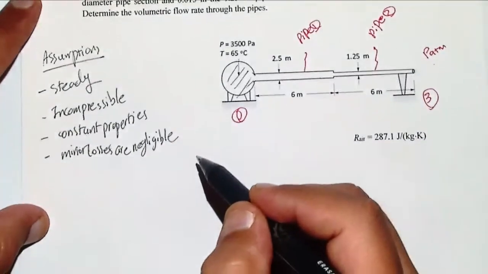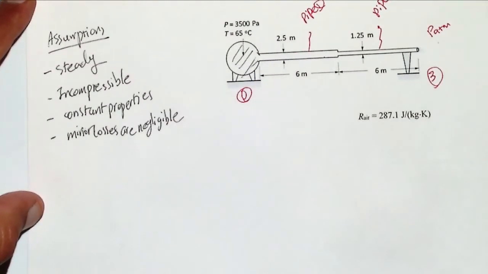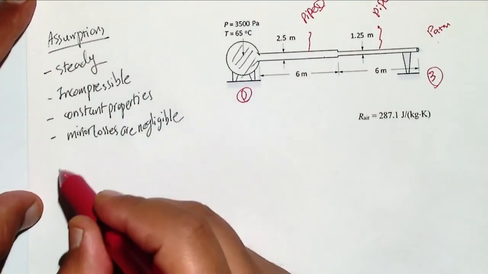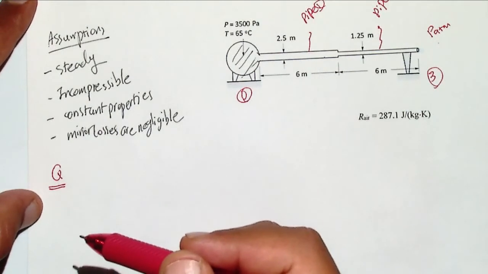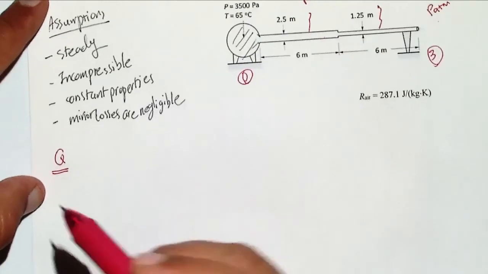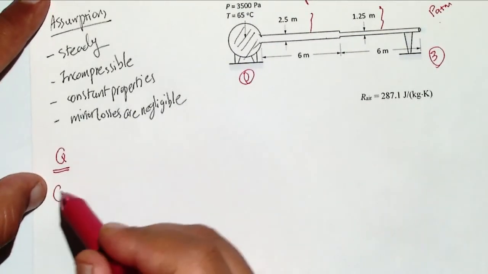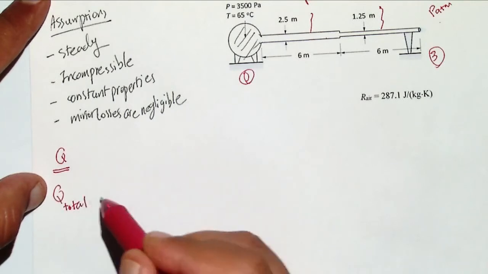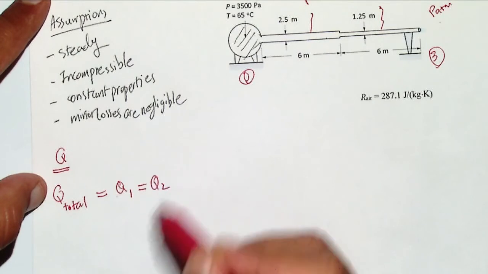Okay, so to find the volumetric flow rate, Q, if you check out the last part of the notes in chapter 8, we talk about that if you have a series of pipes, then Q total is equal to Q1, equal to Q2, right?